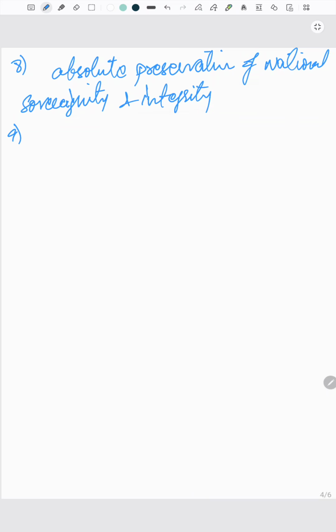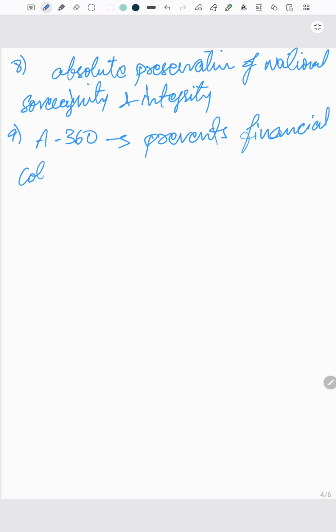Okay, the next one, if you observe, Article 360. As you mentioned article, it's better if you highlight it. So now Article 360 ensures, it prevents financial collapse.